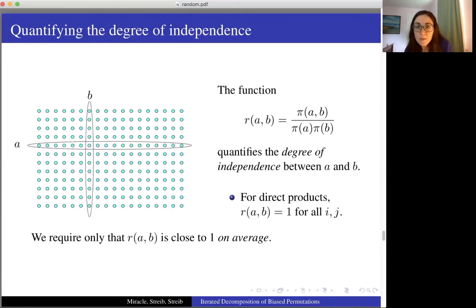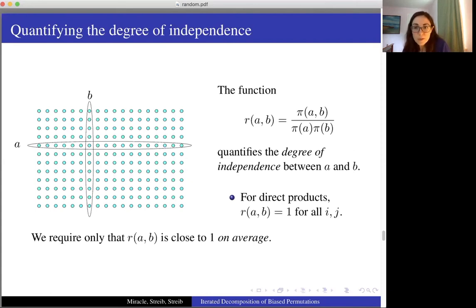So R of AB gives the joint probability divided by the product of the probabilities. So pi of A, it's a little bit of an abusive notation, just means the sum over all of the AB pairs with that particular A. And if you had a direct product, then for all pairs A and B, this R of AB would be 1, right? Because the probability of AB is just the probability of being A times the probability of B.